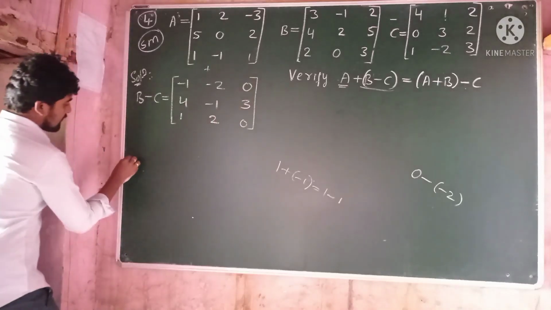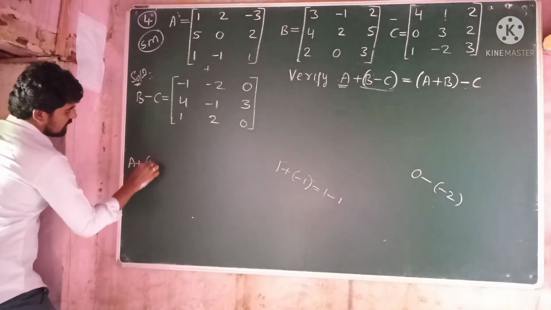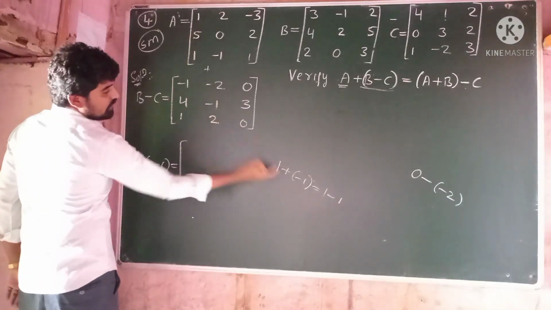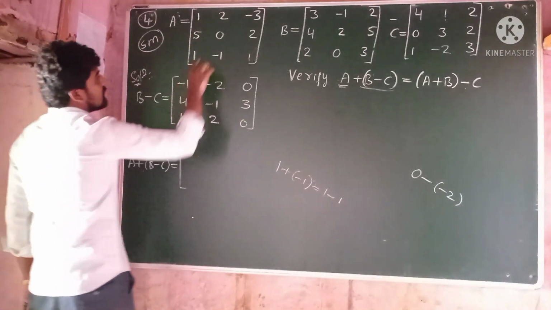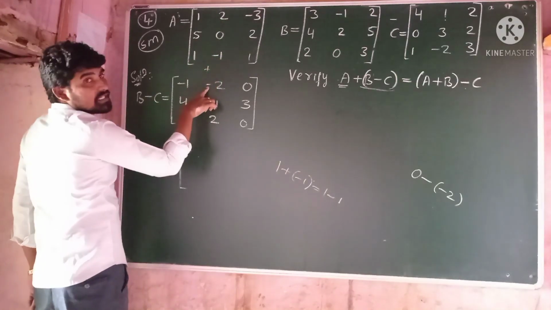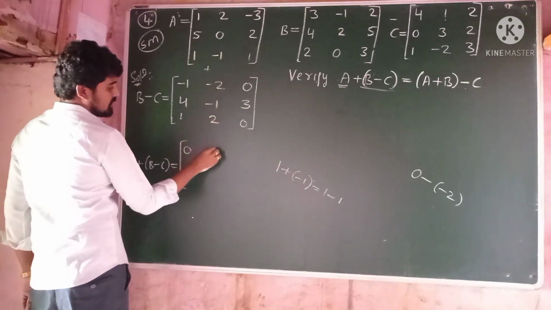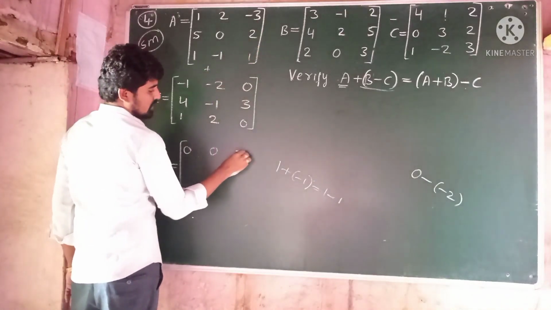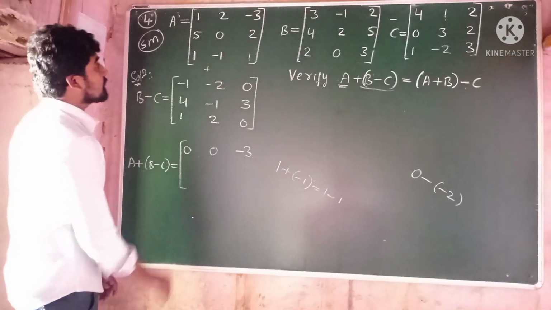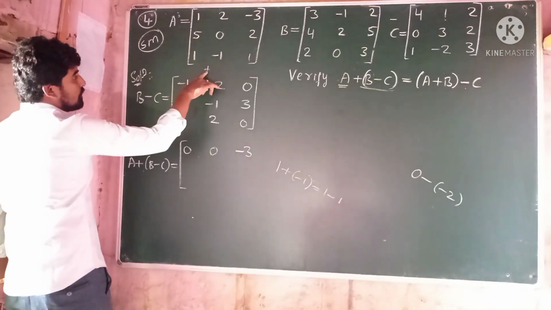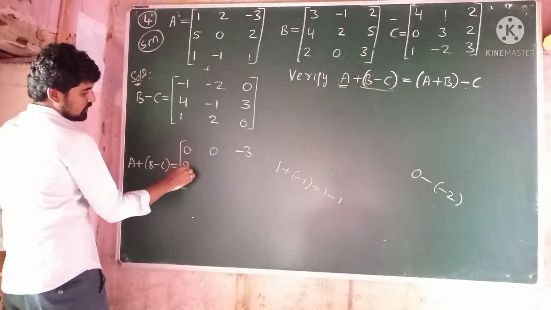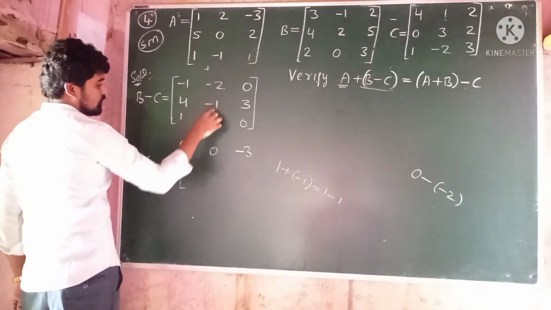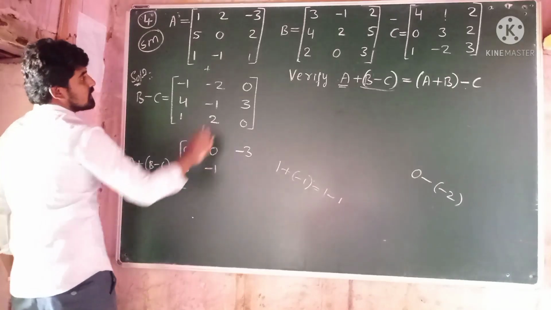A plus B minus C is equal to, 1 minus 1 is 0. 2 plus into minus minus, so 2 minus 2 is 0. Minus 3 plus 0 is equal to minus 3. 5 plus 4 is equal to 9. 0 plus into minus minus, so 0 minus 1 is minus 1.